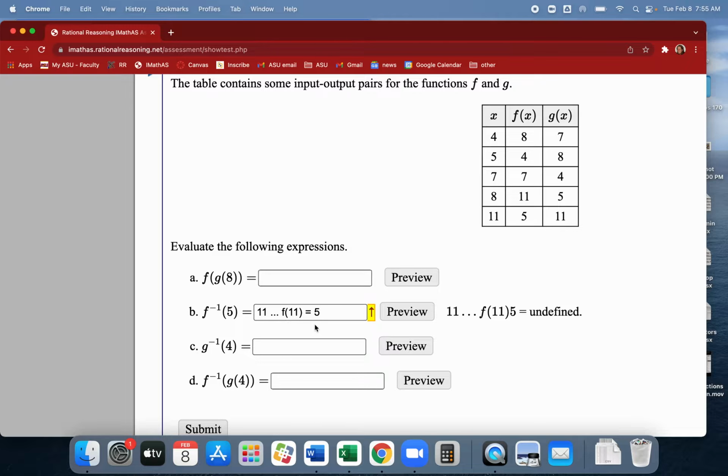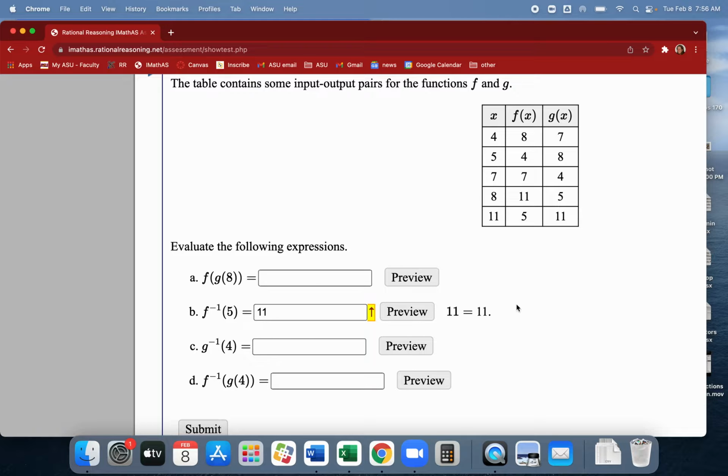Now, this answer blank isn't supposed to have all of that in it. It's just supposed to be the 11 part. I was just using it to write out the explanation rather than pulling up a Word document again. But yeah, so the answer to this one would be 11 because f of 11 is 5. And I think I still have a space there.